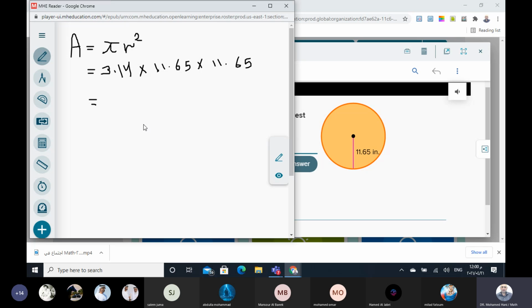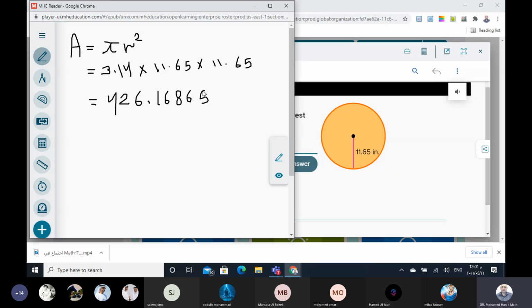Now we can calculate. We have 3.14 times 11.65 times 11.65. So the answer will be 426.1865.